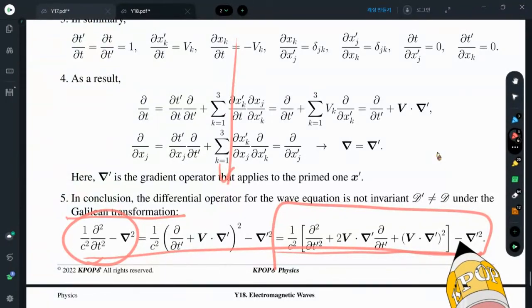So Galilean transformation does not work at all for the electromagnetic wave. This is the beginning of Einstein's relativity.